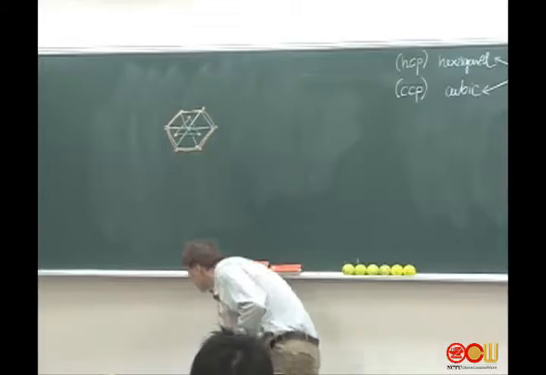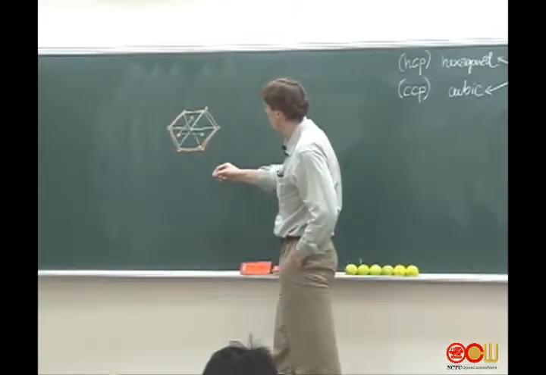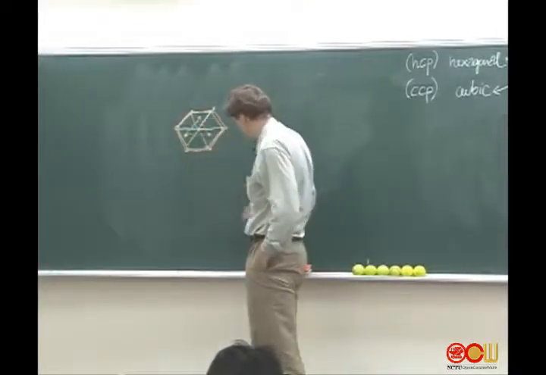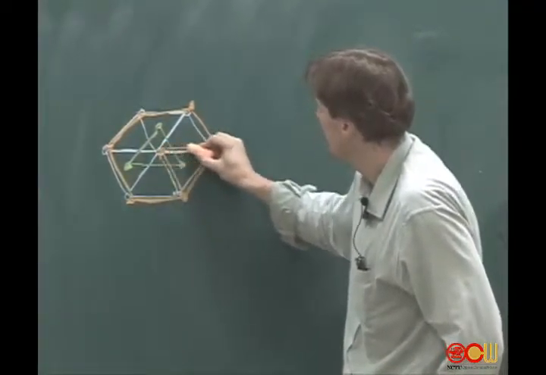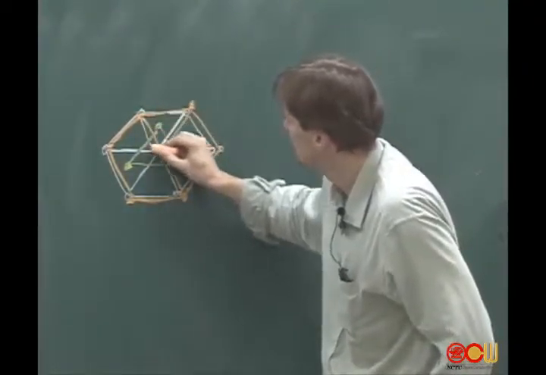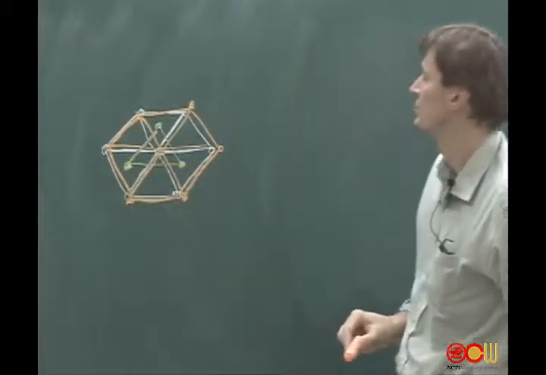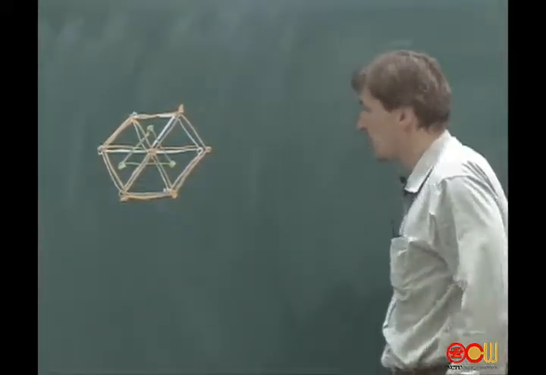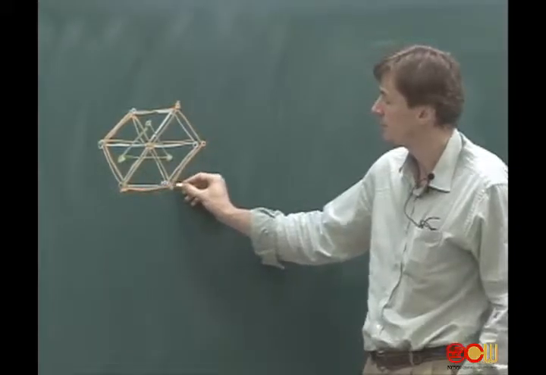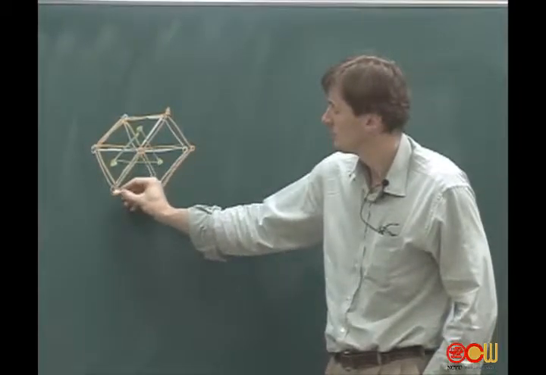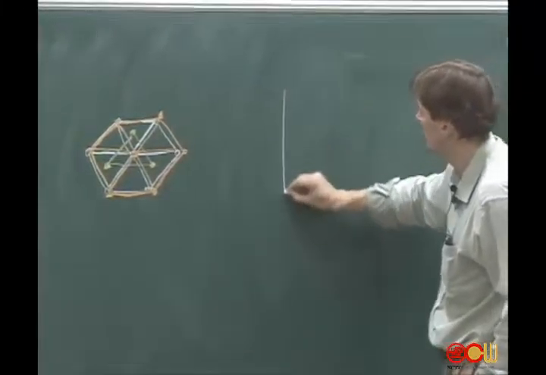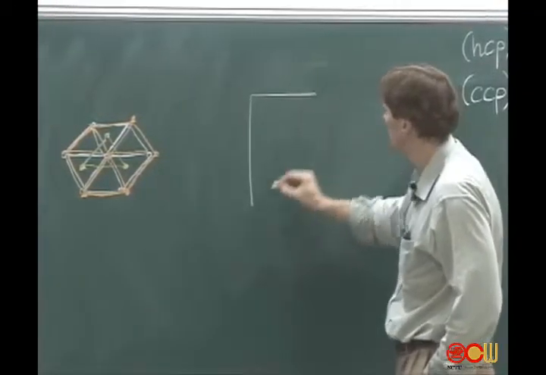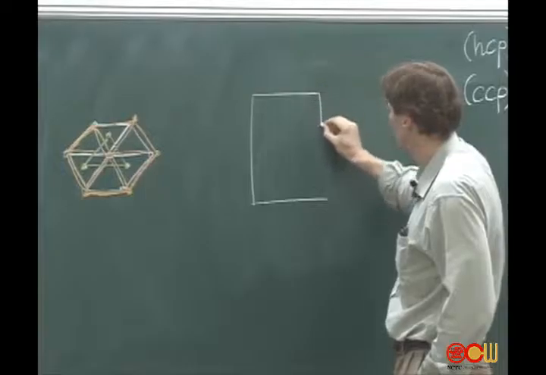Now instead of drawing the view from the top, I'm trying to take only this part. Of course, the orange one has one more to here, and these connections. So now I'm taking this part, and this part looks like that. 1, 2, 3, 4.